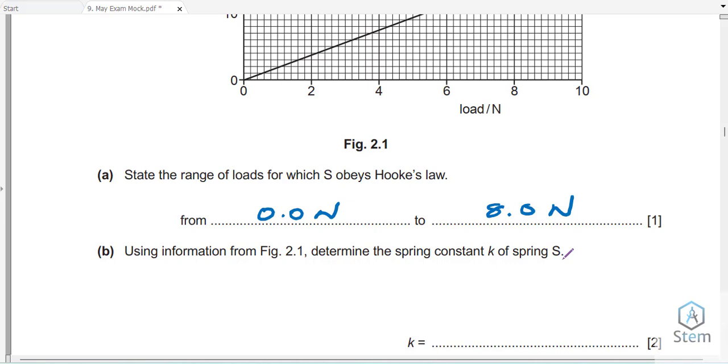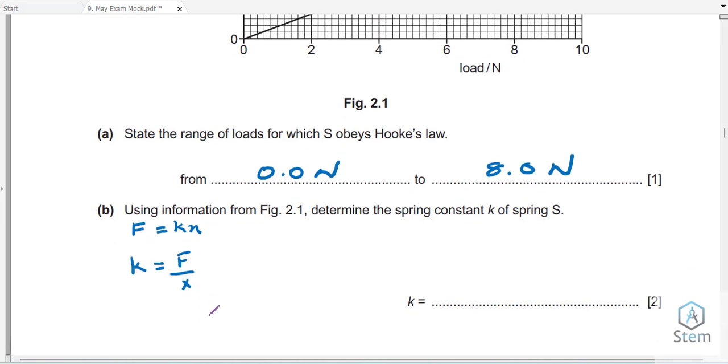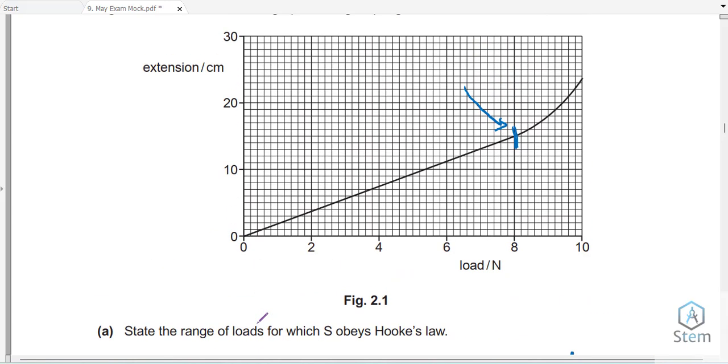Using information, determine the spring constant K of spring S. We know Hooke's law says F equal to Kx. So K is equal to F over X. And that gives K equal to 8 minus 0 over X, which is from here right up to here.